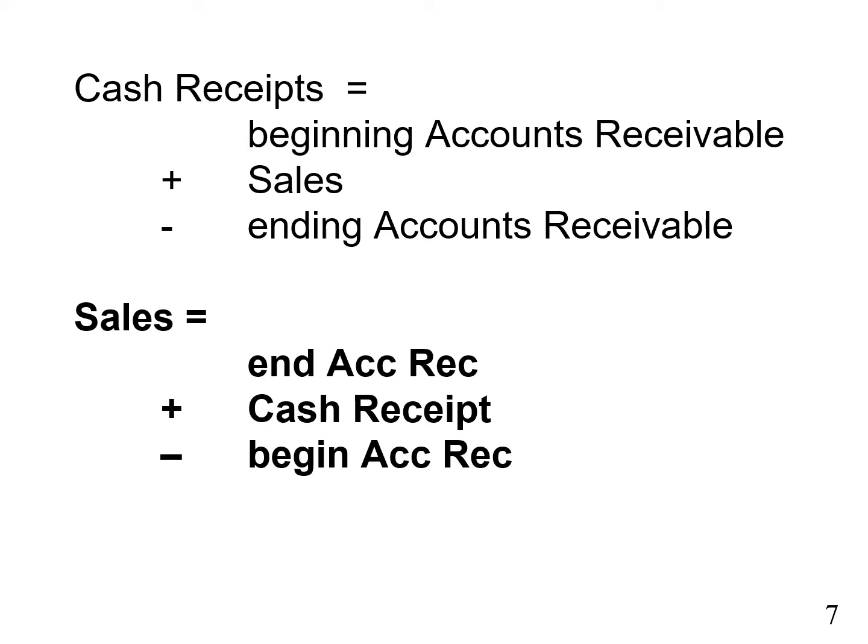We can rearrange that, and in a simplistic sense, I know it can get more complicated than this, but in a simplistic sense, sales should equal ending accounts receivable plus cash receipts minus beginning accounts receivable.